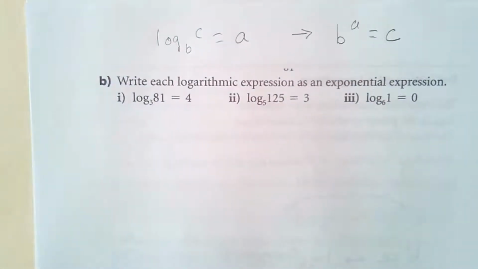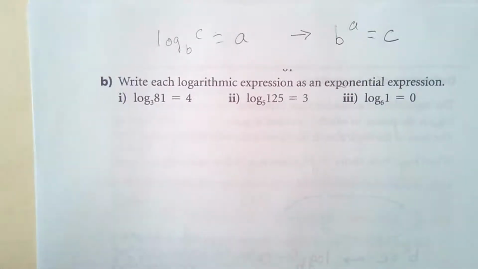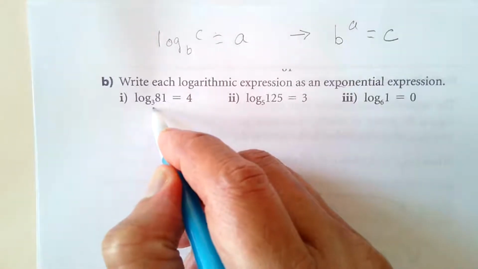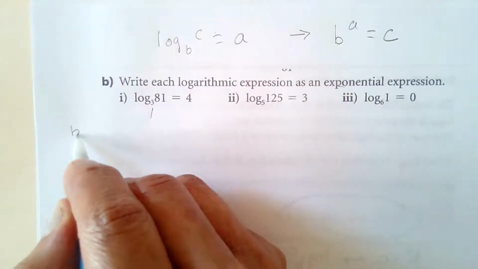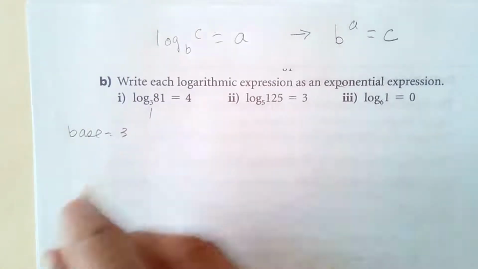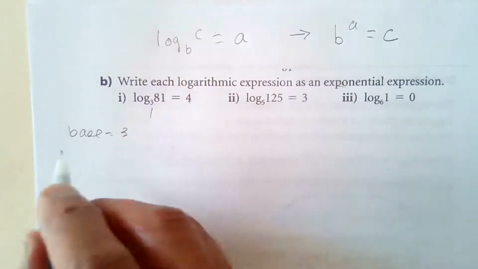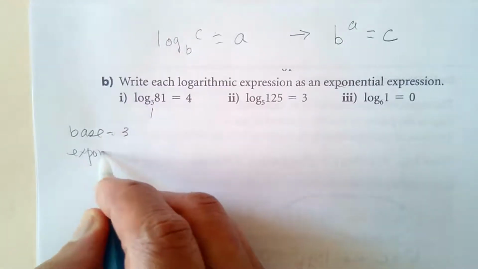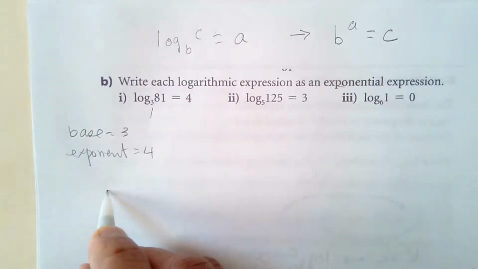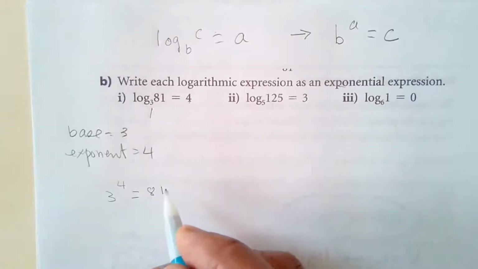So we're changing into an exponential expression. This is our base. So base equals 3. Our exponent would be 4. We can write it as 3 to the power 4 equals 81.